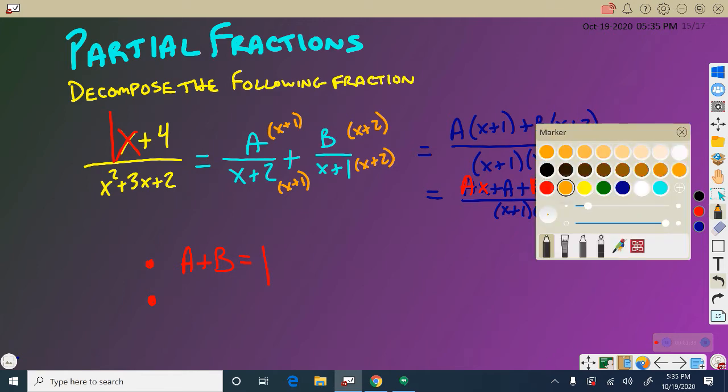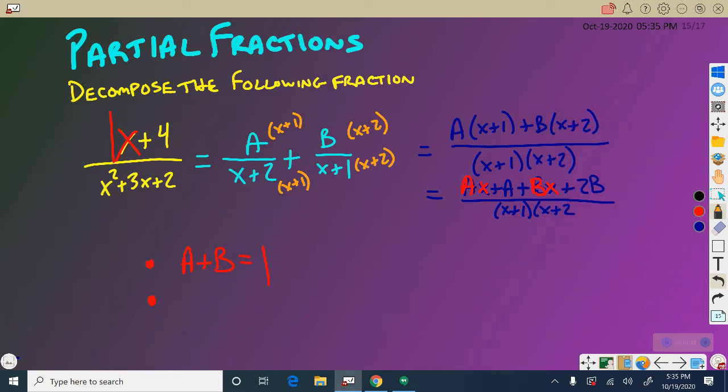My other equation then will be things that don't have x's. So my numbers. So I have this plus a that has no x, and I have 2b that also has no x. So a plus 2b equals, and we always go back to our original, has to equal 4. Now you have a nice system of equations that we can solve.